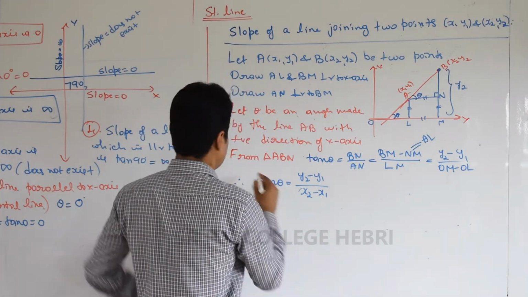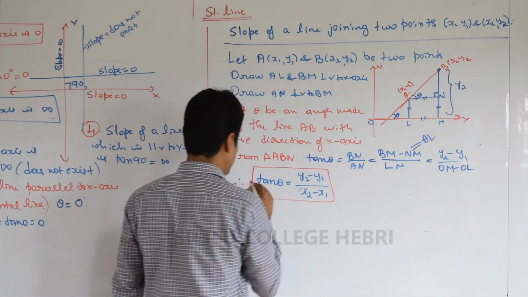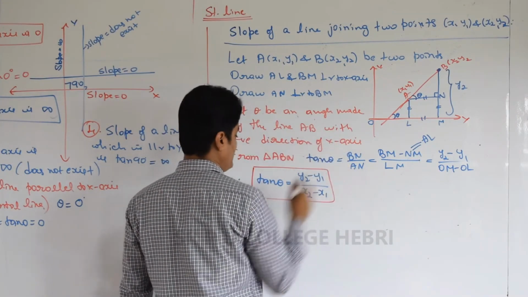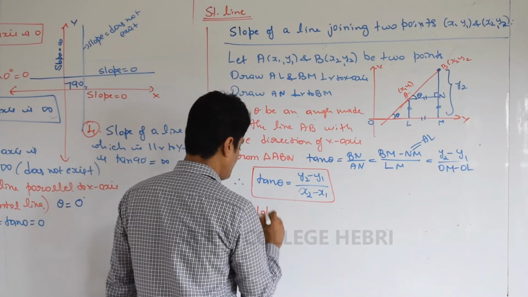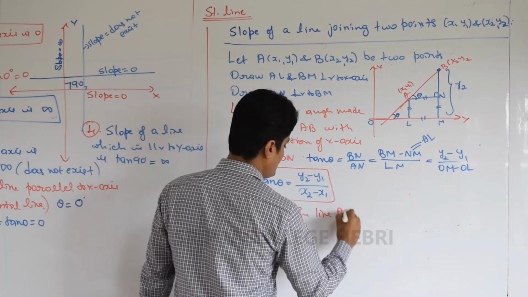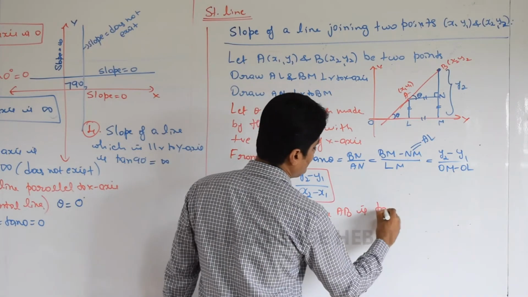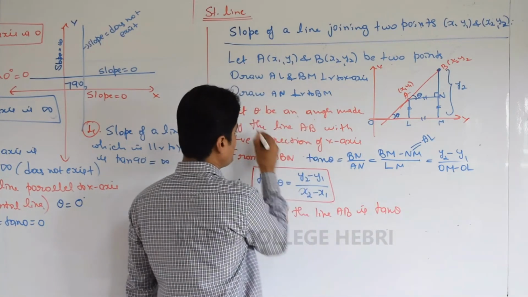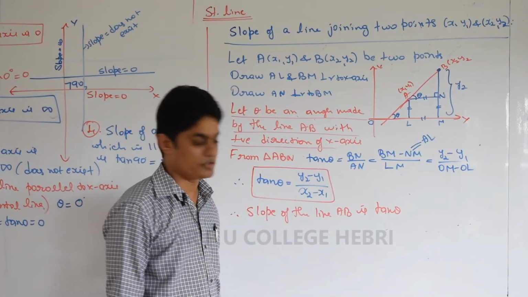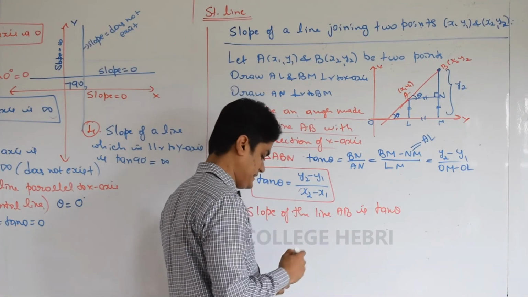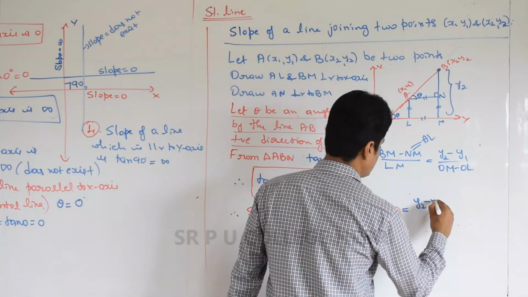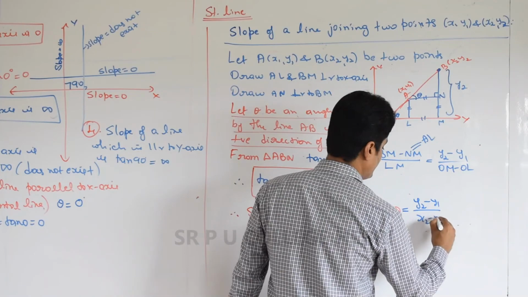If theta is the angle made by the line with the positive direction of x-axis, then the slope of the line AB is tan theta. And tan theta, we just got, is y2 minus y1 by x2 minus x1.